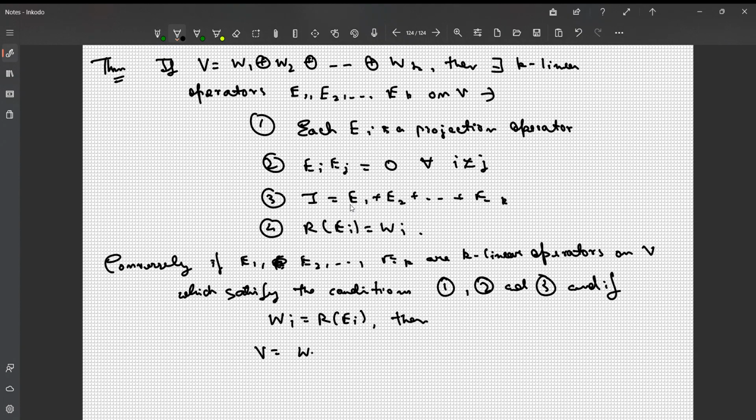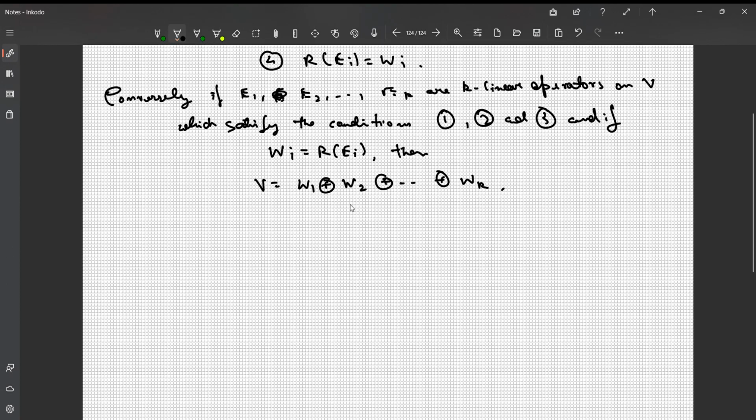So it can be written as W1, which is the range of E1, plus the range of E2, so on till the range of Ek. So we are concerned about proving the converse. So proof.